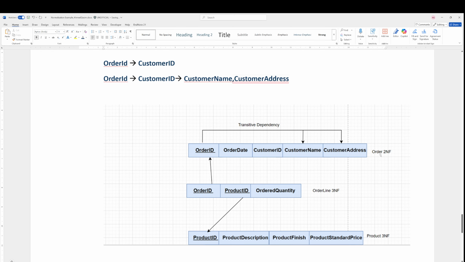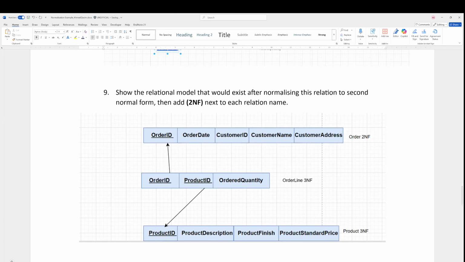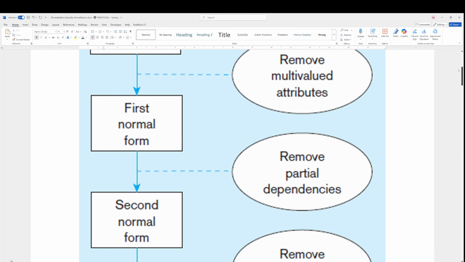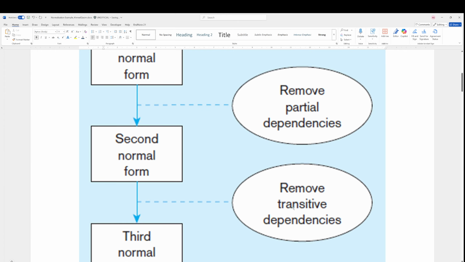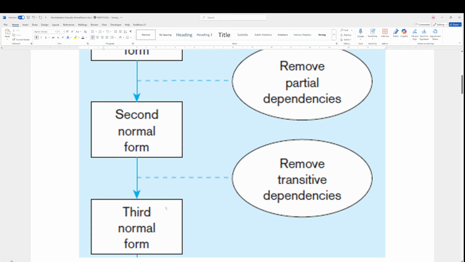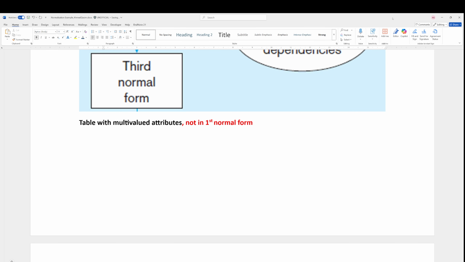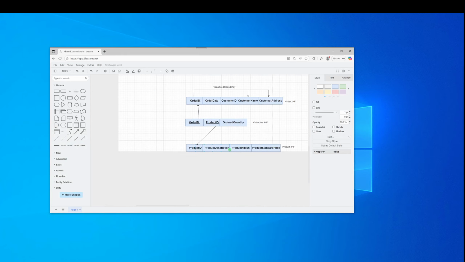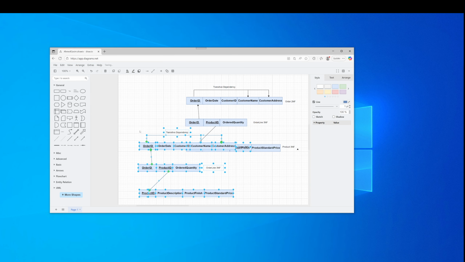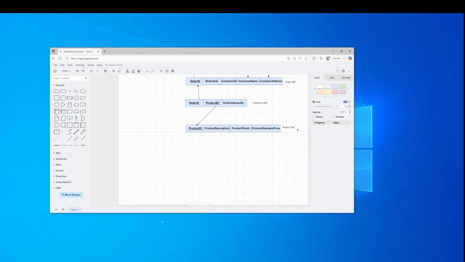And you can see that's why it's in the second normal form. And if we look into the rules for normalization, now we need to remove the transitive dependency. And by removing the transitive dependency, it will go to the third normal form. So this is what I'm going to do now to finish up our example. I'm just going to copy these and then work on it here.